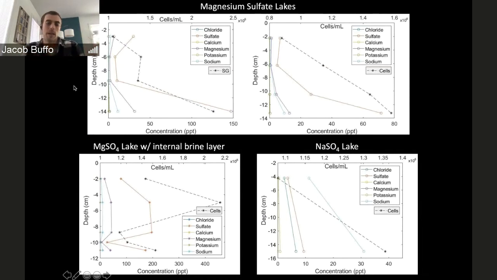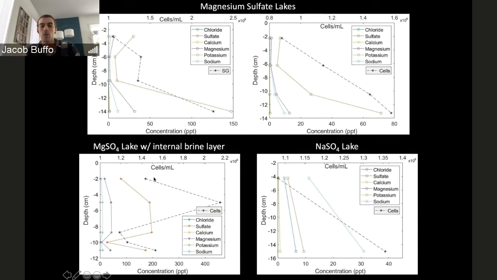This bottom left panel is also a magnesium sulfate lake system. But what was really interesting about this site that we sampled is it had an internal brine layer. So there was probably 5 or 6 centimeters of ice, and then there was actually like this pocket of brine that we used a syringe to basically pull the brine out, and it was kind of a finite region. And below that there was more ice, and then at the base you got back to the actual lake brine.